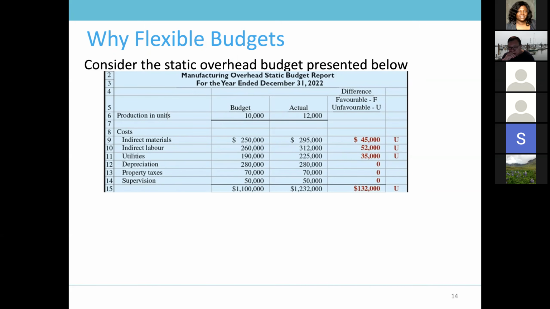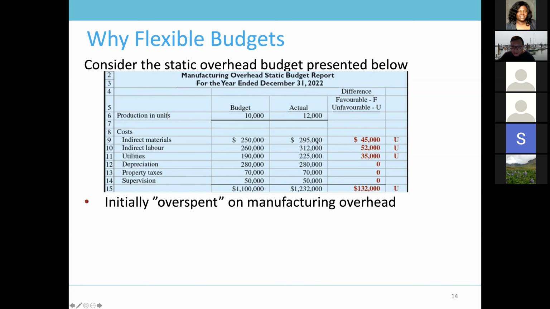But then you think, well, this is bad. But don't forget one thing, right? The actual result is at a 12,000 production. If you produce more, of course it's going to cost more, right?